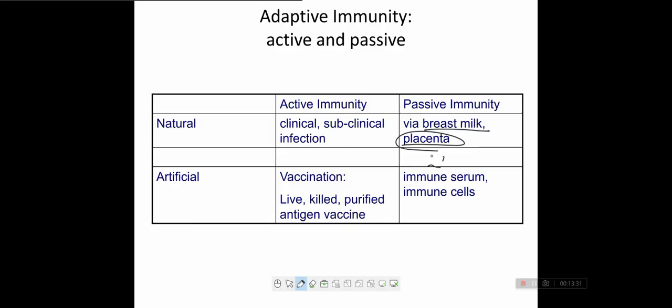Artificially, active immunity is by vaccination: live, killed, or purified antigen vaccine. These are the artificial types of active immunity. The artificial type of passive immunity is immune serum and immune cells. This is the type of passive immunity. Clear?